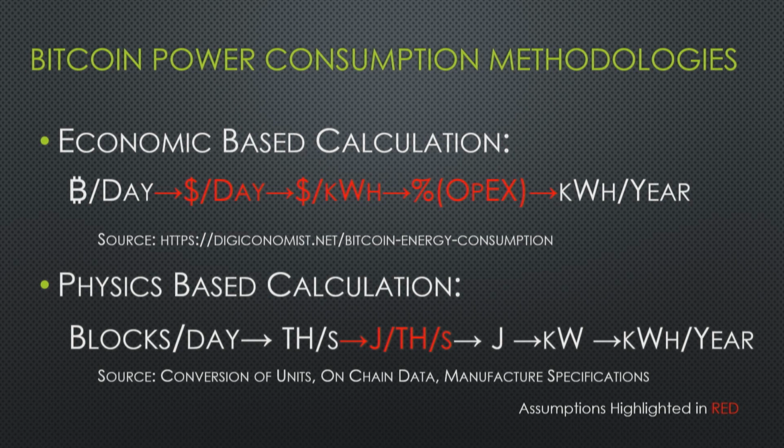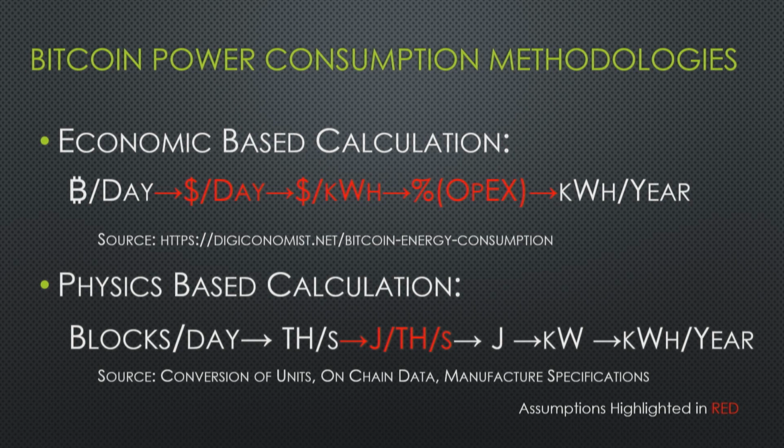I would propose, and a lot of others have actually followed up on this calculation over the past 12 to 24 months, that a physics-based calculation is more accurate and firmly rooted in on-chain data and scientific international units that are more easily digestible and derived from real life data.